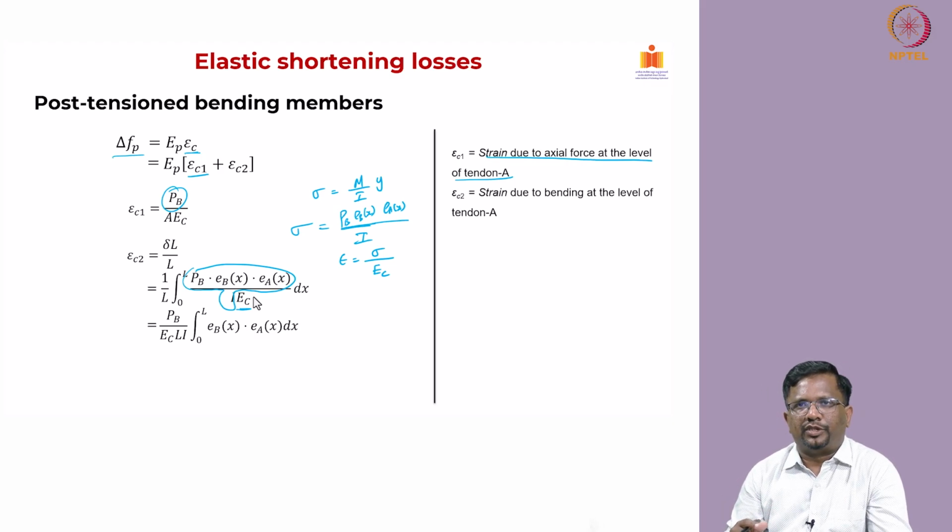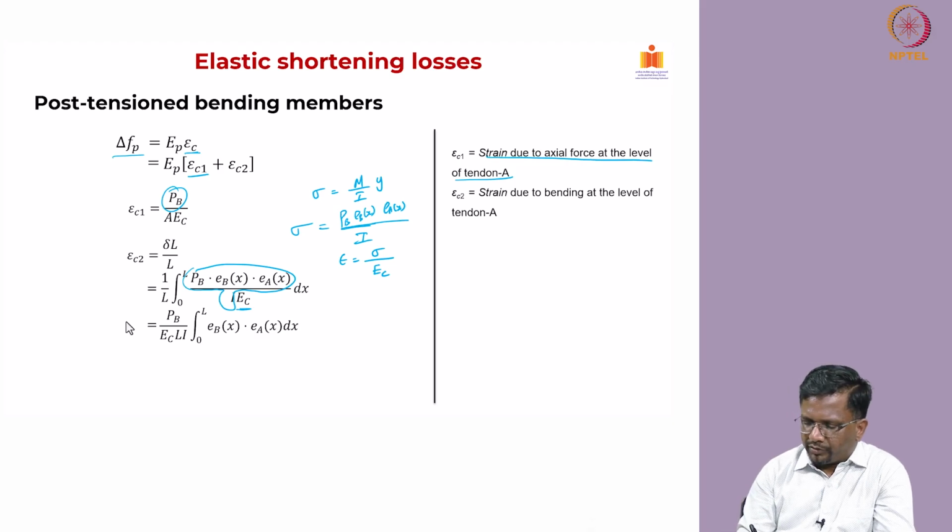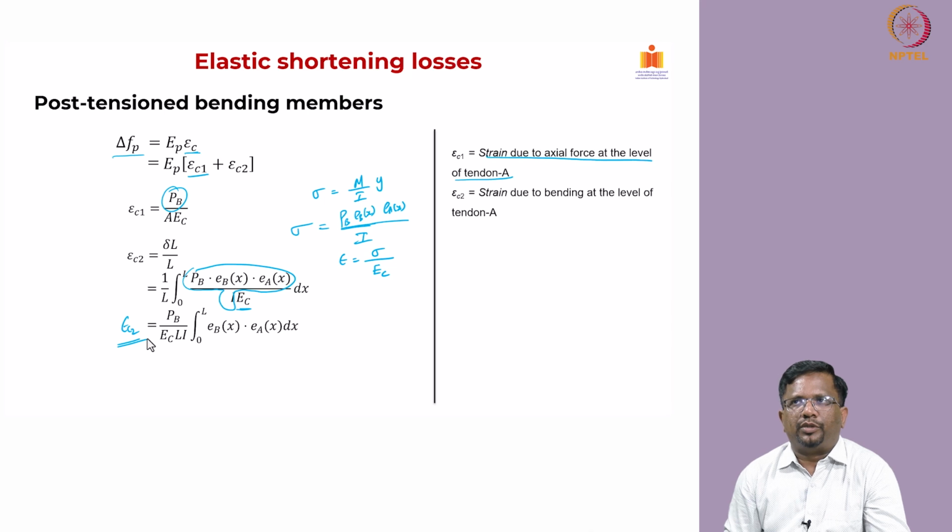So, this is how we get your epsilon C2. This is an average strain component due to the bending at the level of tendon A. Now when I add all of them, I get epsilon C1 plus epsilon C2, then I multiply by elastic modulus, which will give me my stress lost, right.